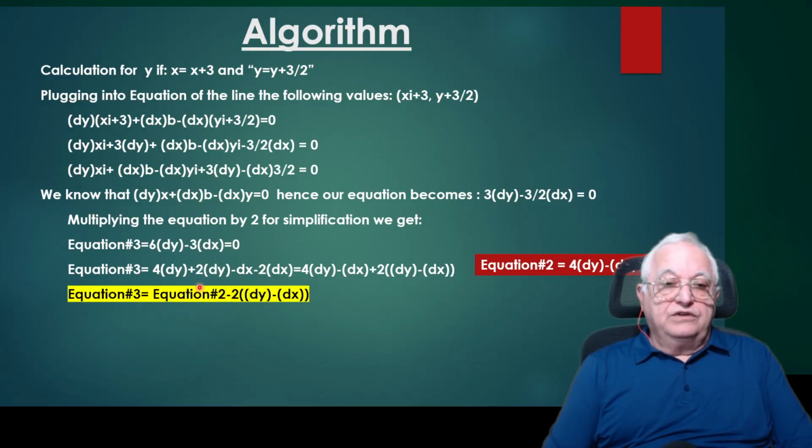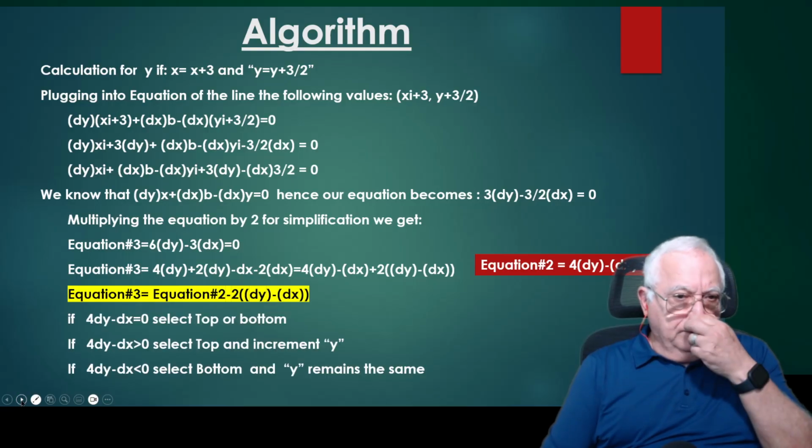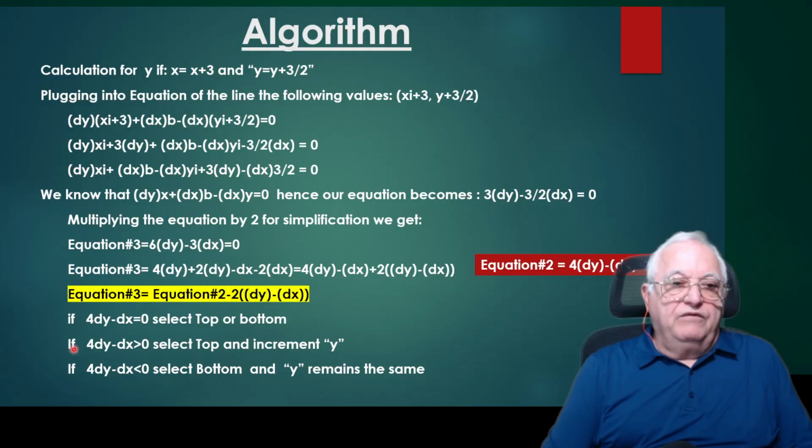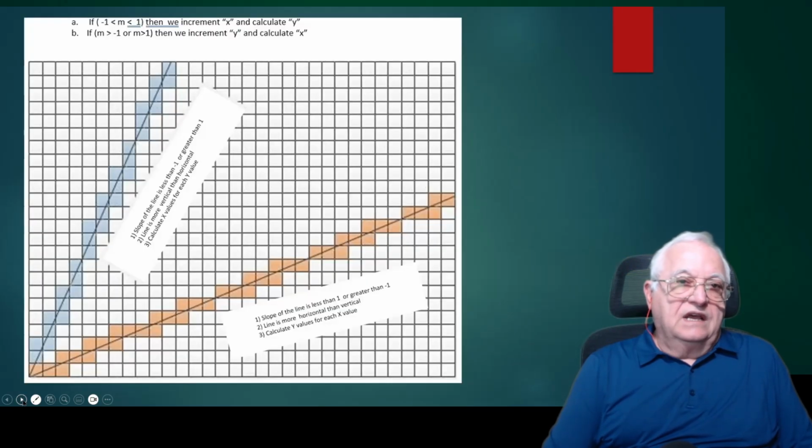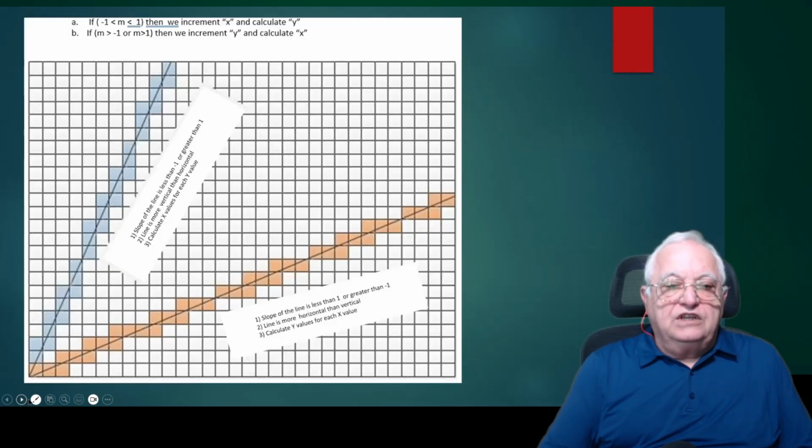So we have equation 2 plus this new number. We have to evaluate this for 0, greater than 0, or less than 0. Now let's continue and look at how we put this whole thing together.